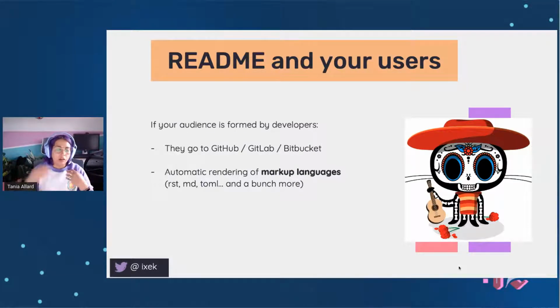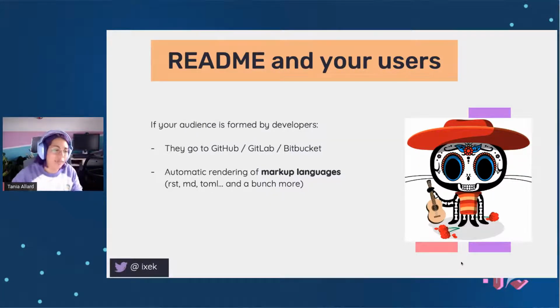I use Markdown all the time. I'm going to say every day. But that's not the only one that is supported. Probably some of you are familiar with reStructuredText. I also use reStructuredText all the time. We use it a lot for things like documentation.